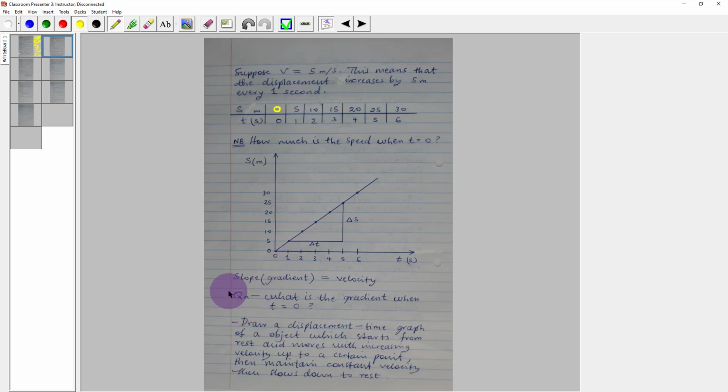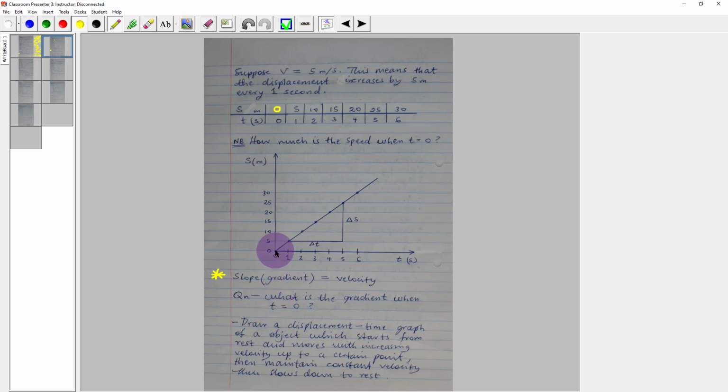So this one is something that is very fundamental in a displacement time graph. Always understand the slope or the gradient or the steepness of a displacement time graph represents velocity. We are going to see this one in the next exercise. Now, what is the gradient when t is equals to 0?